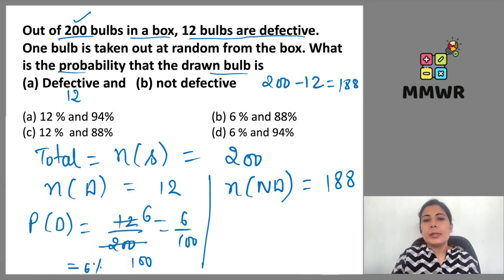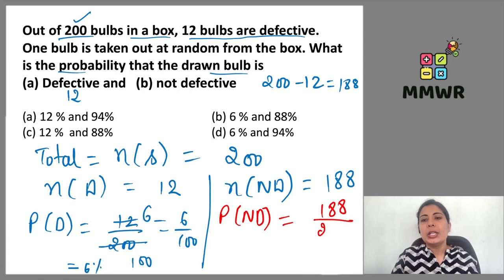Simply we have to get the probability for non-defective bulb, which will again be 188 divided by 200. So 200, that means 100 times, if we divide it further by 2. Why are we dividing only by 2? Because we have to convert it into percentage, or percentage means somehow we have to get 100 in the denominator. That's it.